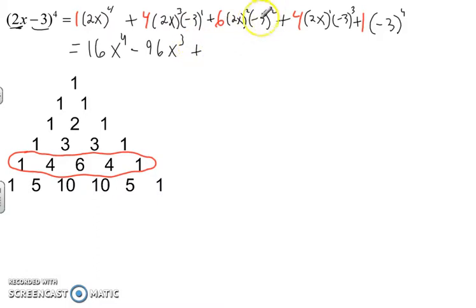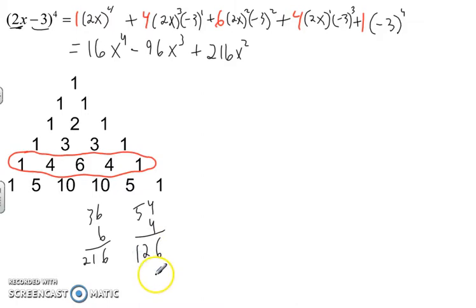plus, this is going to be a positive number, 9 times 2 squared. 9 times 4 is 36. 36 times 6, I need to do that here. So this would be 3 and 18 is 216. So plus 216x squared. And this is negative 3 to the third, which is negative 27, times 2 is negative 54. 54 times 4, 6 and 1 is 21.